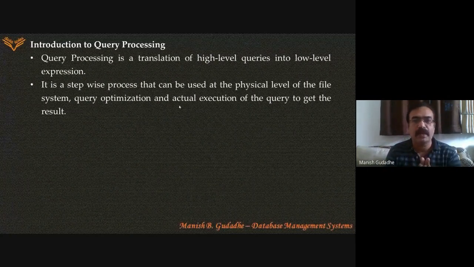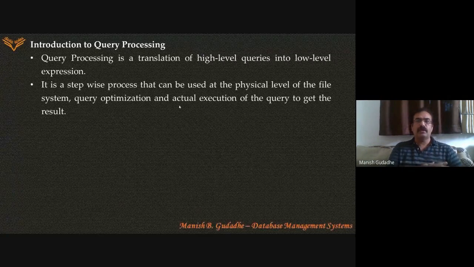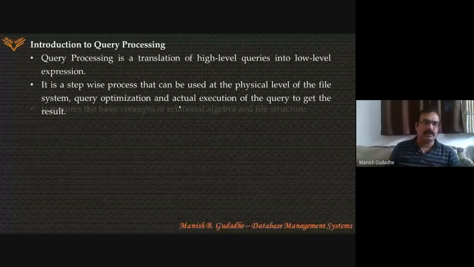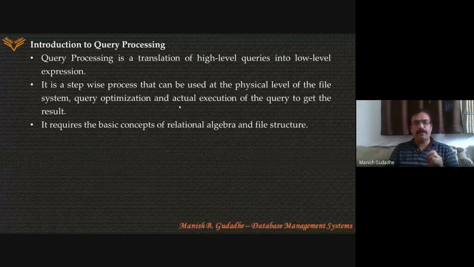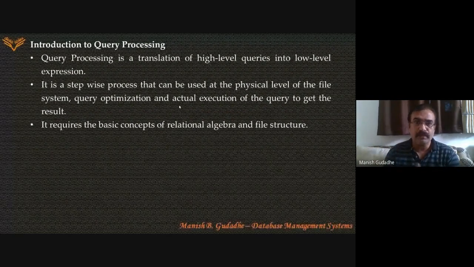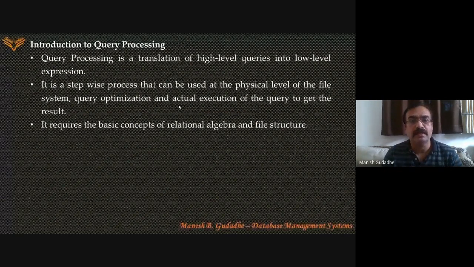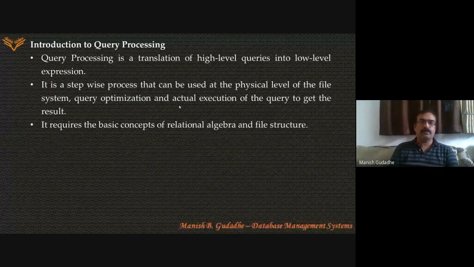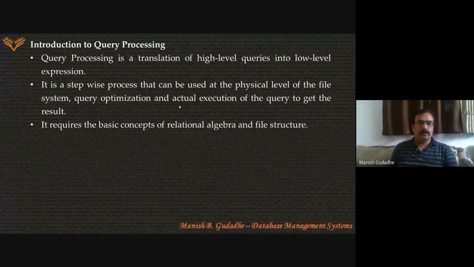Query optimization and actual execution of the query to get the result. It requires the basic concept of relational algebra and file structure. You know the relational algebra and file structure, you have already studied as a complete subject. So you know it already.